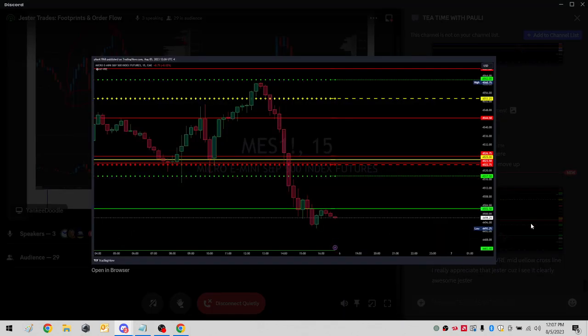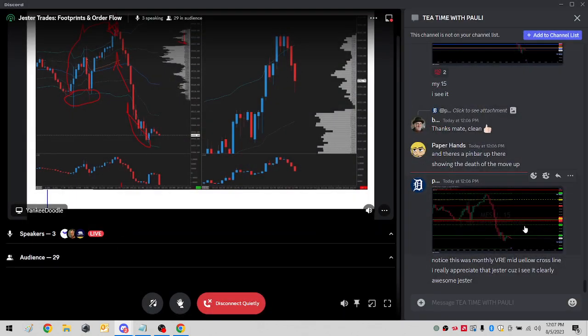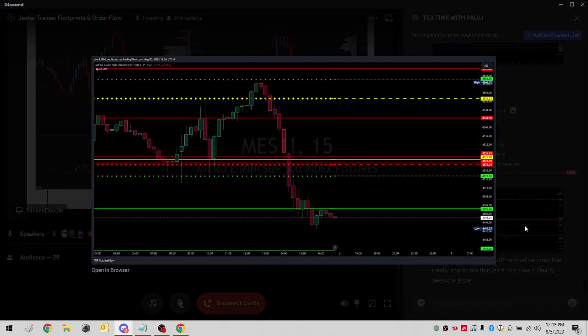Yep. So another thing is we broke below. See how we were barely holding above that second standard deviation band on the right on the 5-minute? Yeah. And then we get that candle that rejects above, and then it closes below right there.